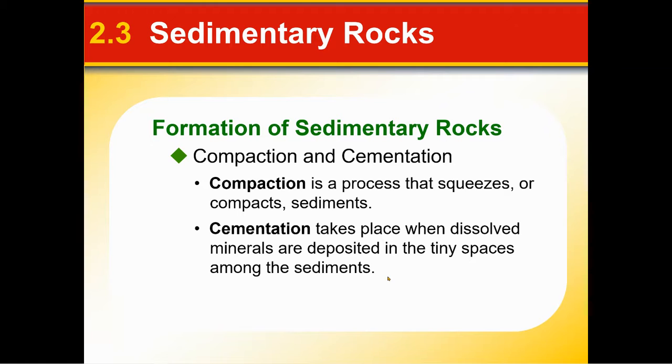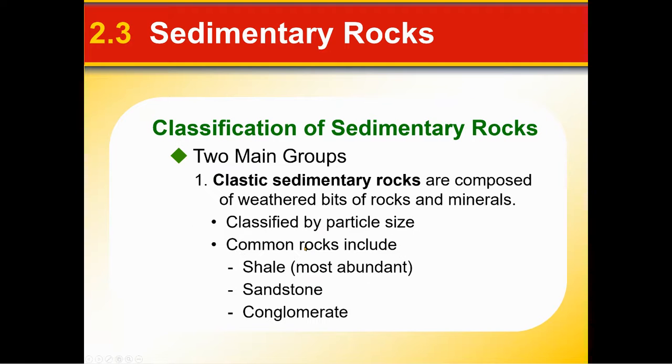You can hear it crunch, and the particles of snow get closer together. They squeeze together. This is compaction and cementation: the bits and fragments of eroded rock get squeezed and cemented together.